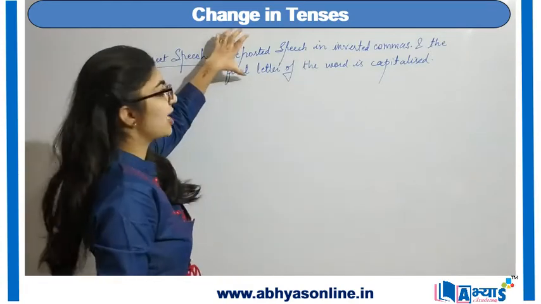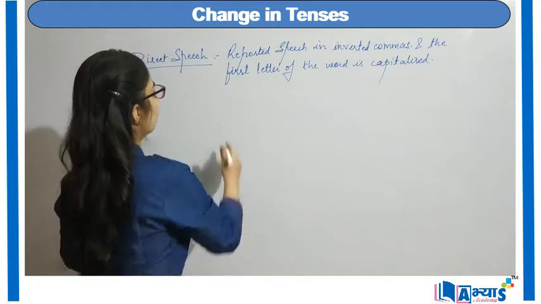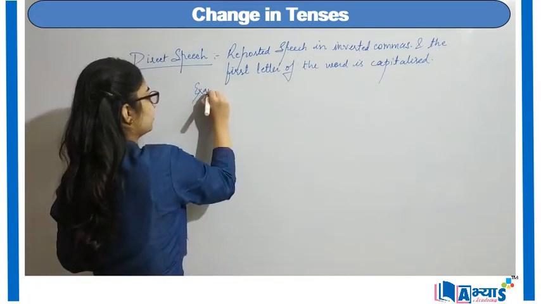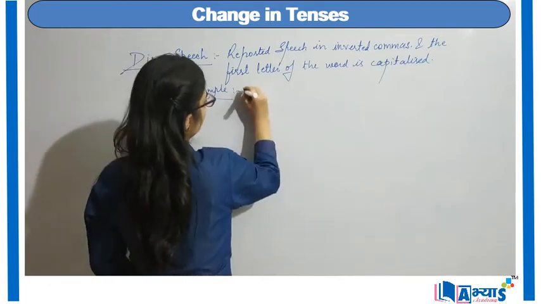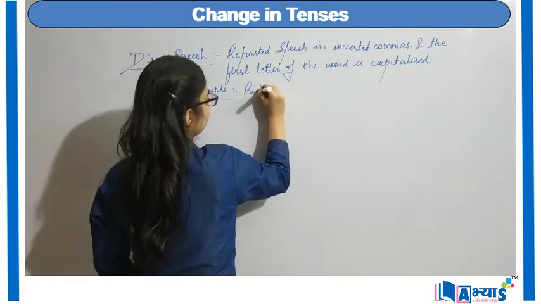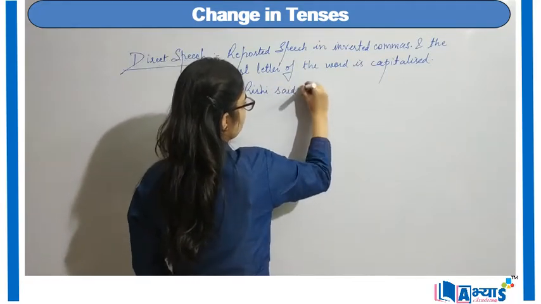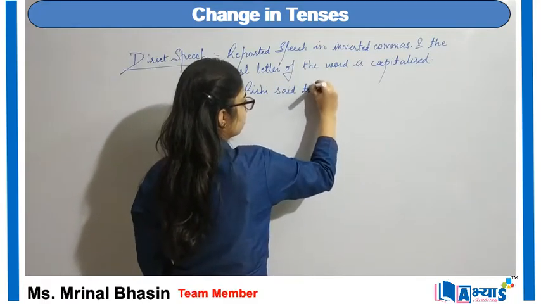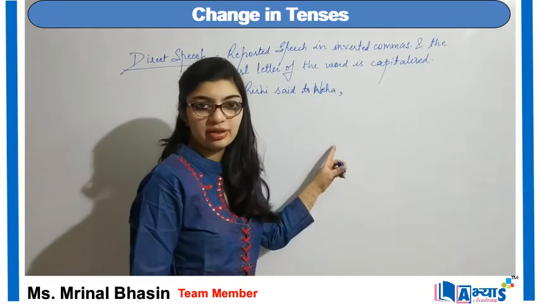Now we can understand this statement better using an example. So example can be: Rishi said to Neha, comma.